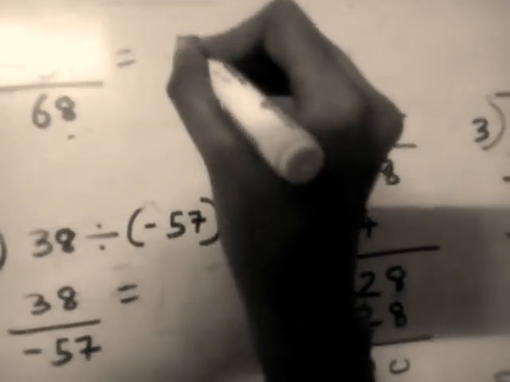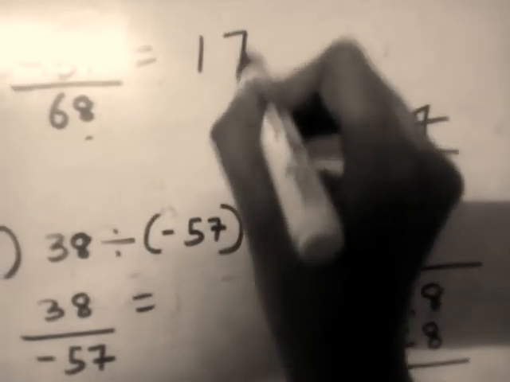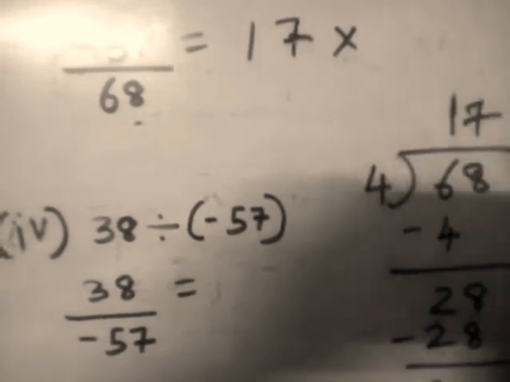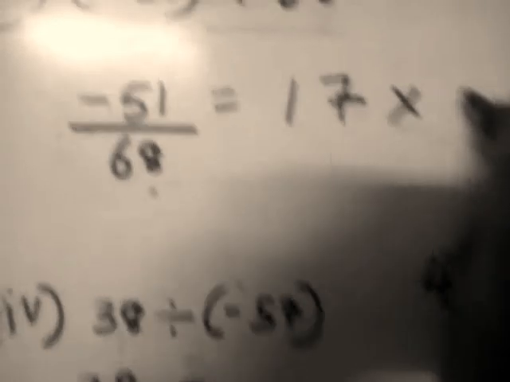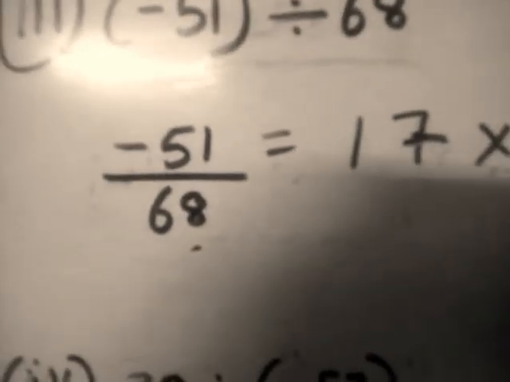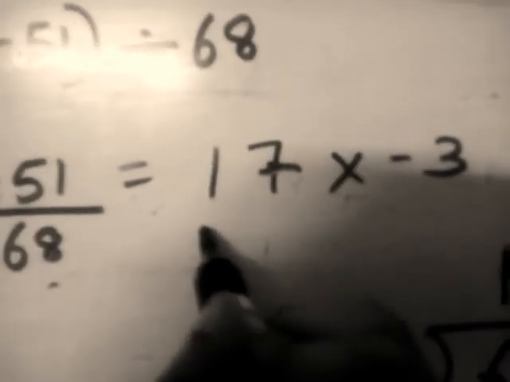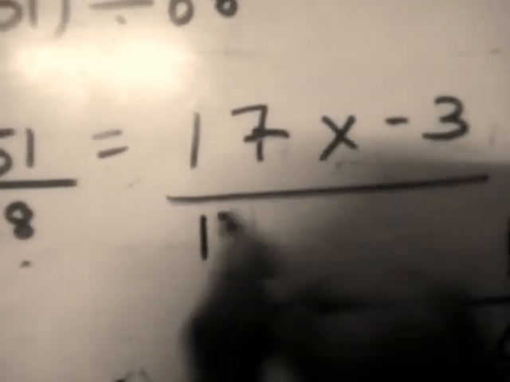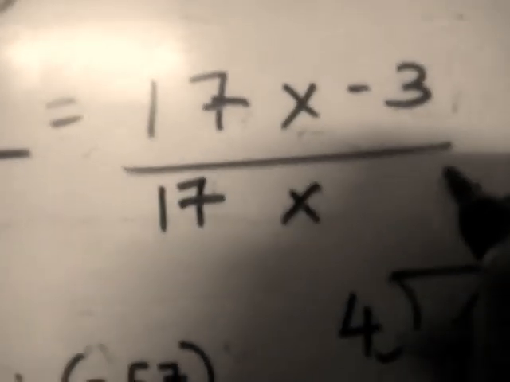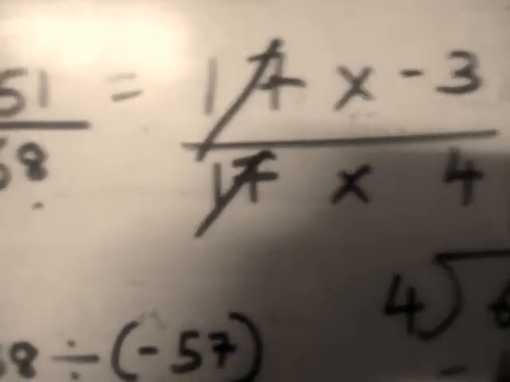So you have to write now in multiplication form. 17 into minus 3, and the other one 17 into 4. 17 gets cancelled. Wait a minute.